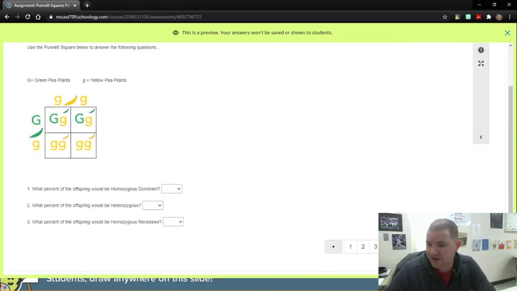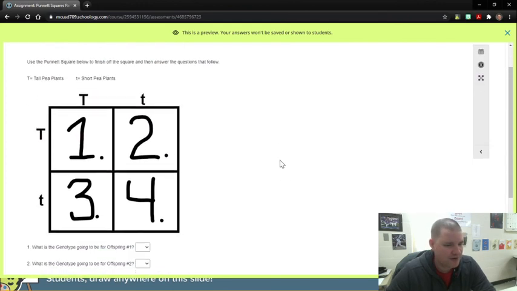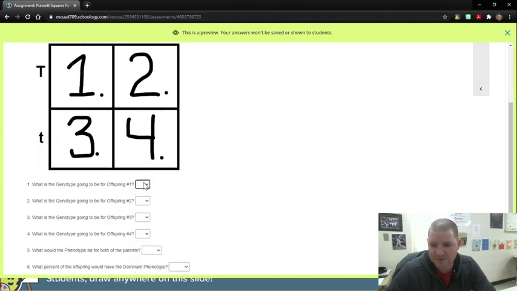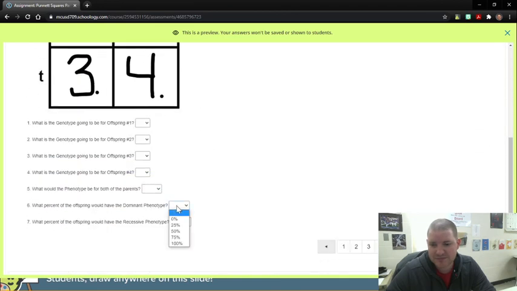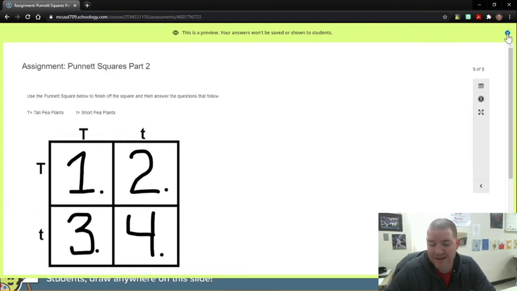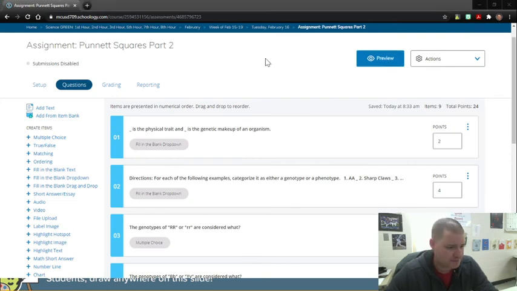It isn't until 8 and 9 where you have a Punnett square problem. So, nice Punnett square problem at the end there. And that is your assignment for this Tuesday.